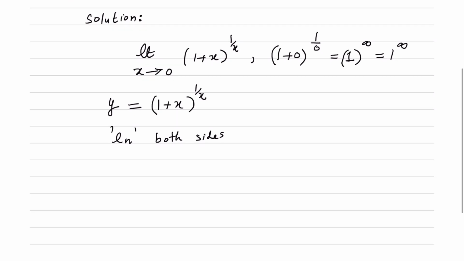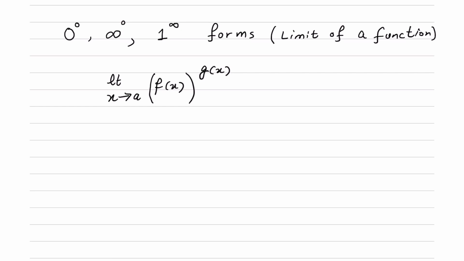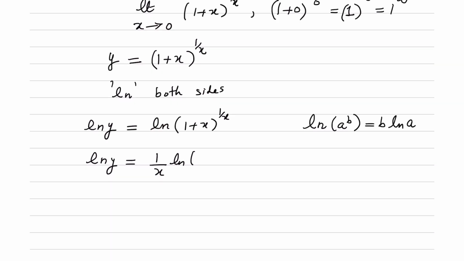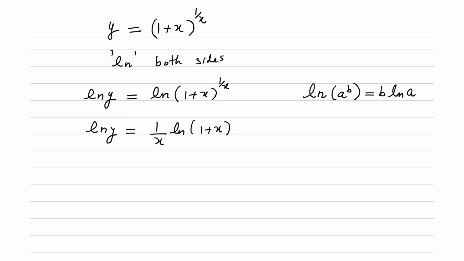Ln is natural log. Now there is a natural log property: ln of a to power b could be written as b ln a. So in our question we will have ln y equal to 1 over x ln of 1 plus x. We can rewrite it as ln of (1 plus x) by x.